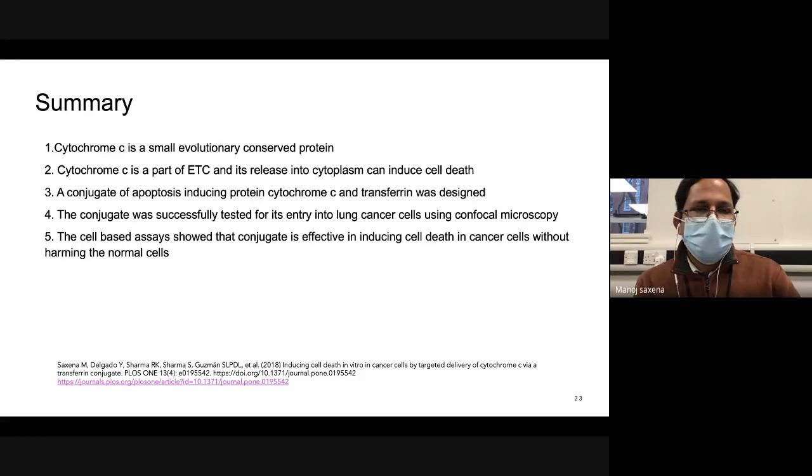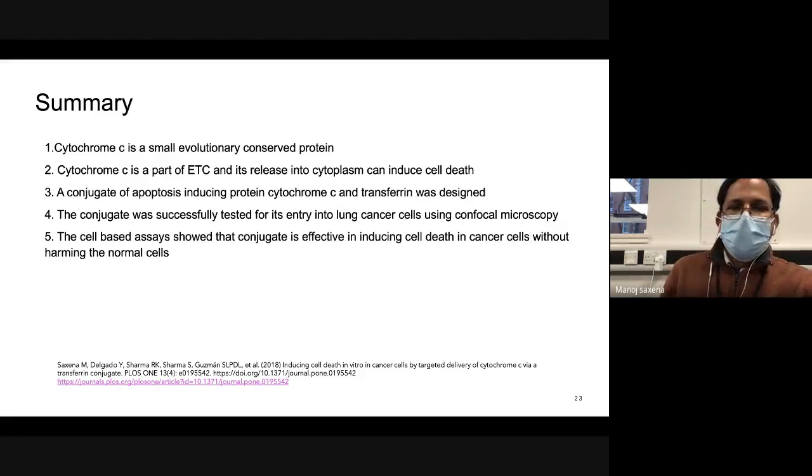Cytochrome C is an important part of the electron transport chain, whereby it transports electrons from complex 3 to complex 4, thus playing an important role in producing ATP for the cell. And it can also induce apoptosis when there is stress or cells are damaged, whereby its release into the cytoplasm can trigger apoptosis.